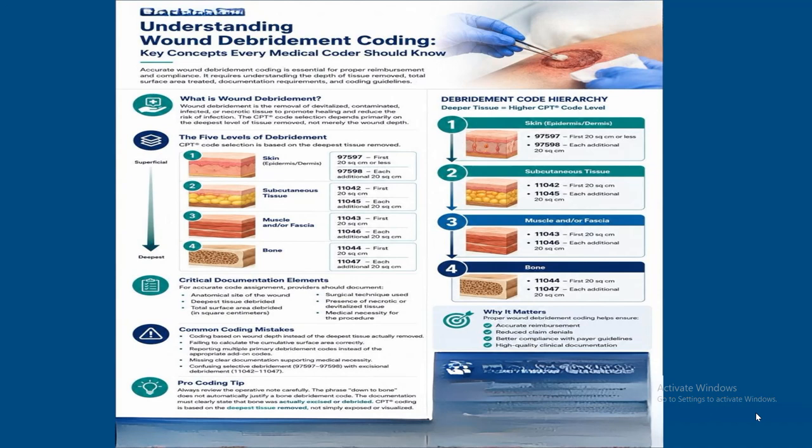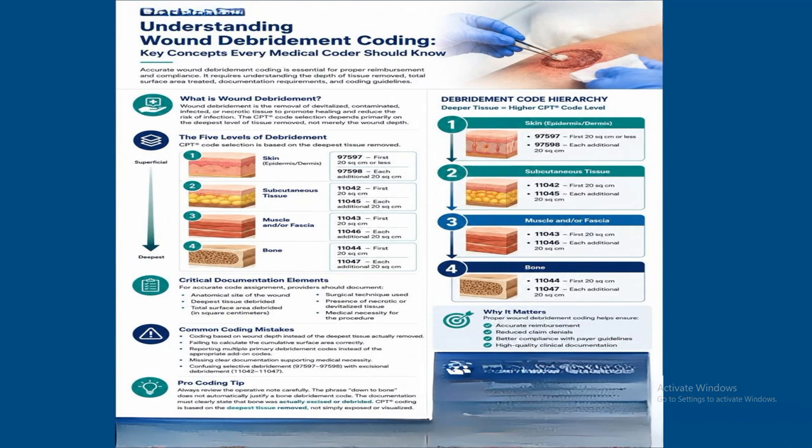Sometimes coders will use multiple primary debridement codes instead of the add-on code. For example, if the patient has bone level debridement of 45 square centimeters, how do we code? We will code 11044 for the first 20 square centimeters and 11047 for the next 20 square centimeters, and for the remaining 5 square centimeters, again we need to use 11047.